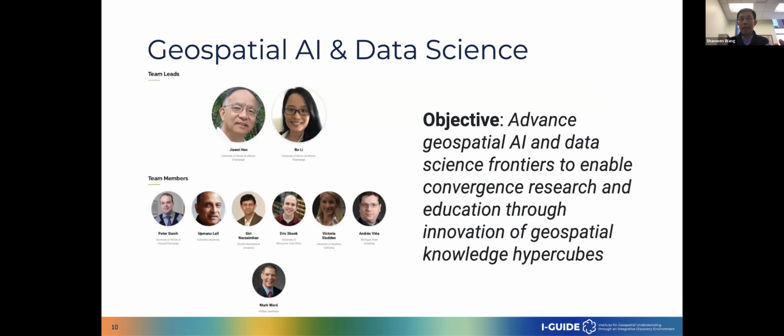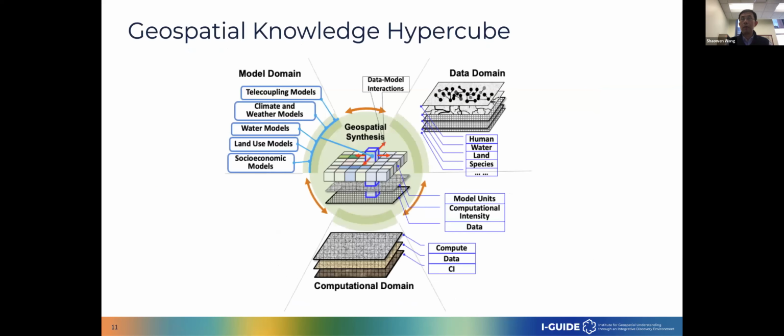And geospatial AI and data science here is focused on enabling convergence science, research and education through innovation of geospatial knowledge hypercubes. So what we mean by geospatial knowledge hypercubes is how do we combine a variety of geospatial data with domain-specific models.